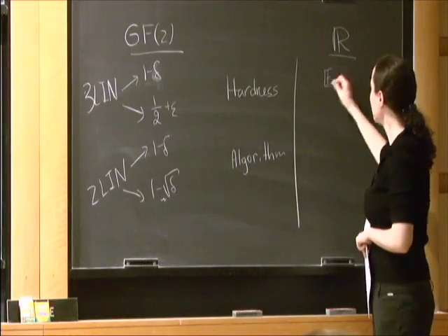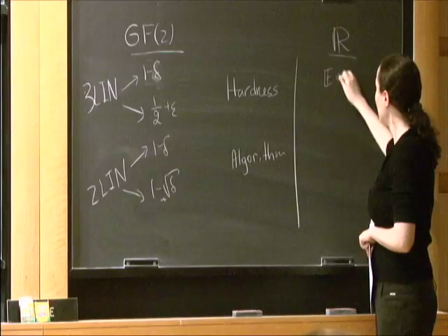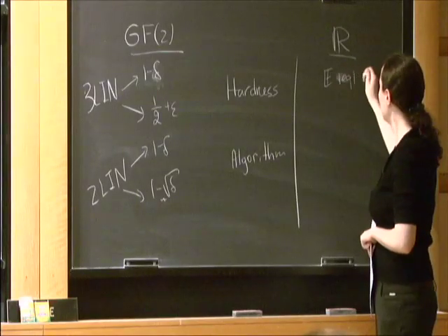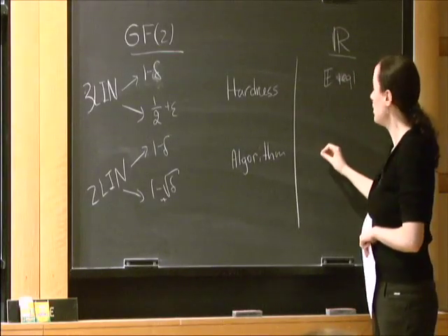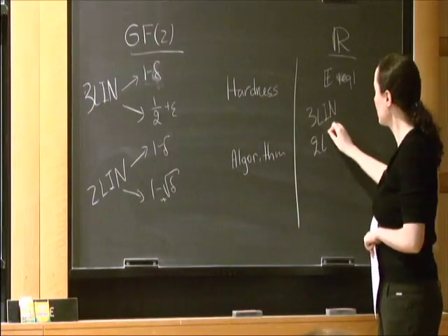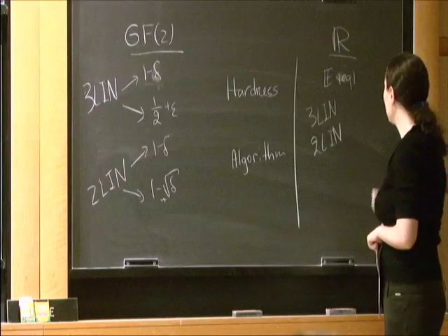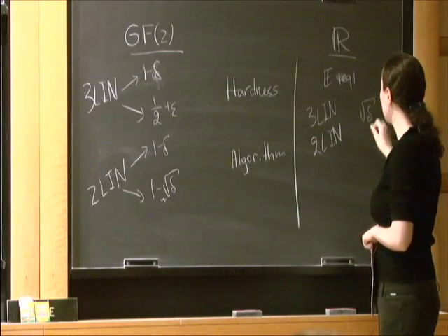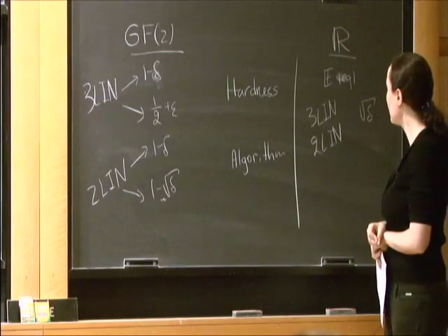If you consider the expected margin squared, or the expected margin, then for both 3-lin and 2-lin, we expect this square root delta.